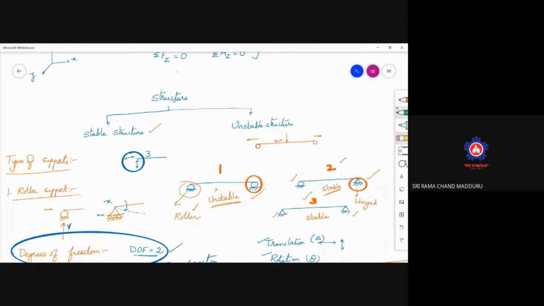These unstable structures are not analyzed here. We are analyzing stable structures. These stable structures, once again, will be classified as determinate structures as well as indeterminate structures.